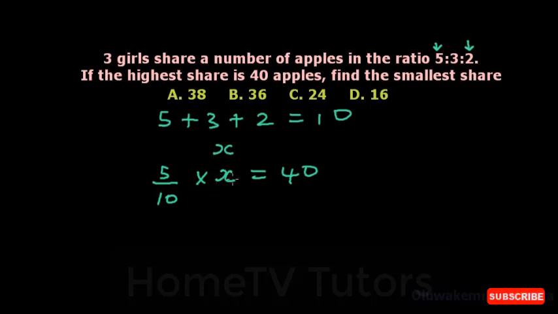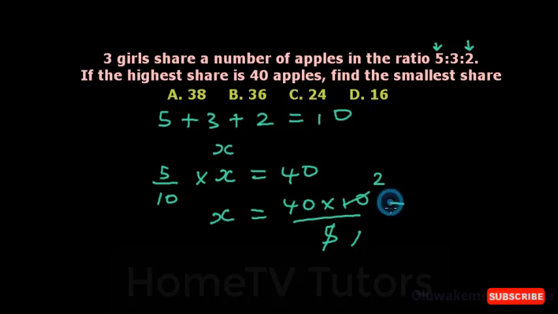So we solve for X, which gives us 40 times 10 divided by 5. 5 here 1, 5 here 2, 2 times 40, which gives us 80.